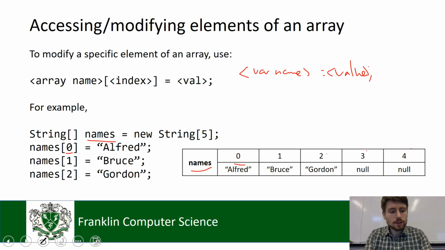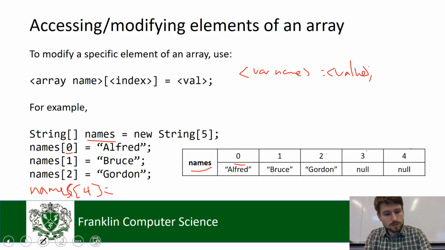Now could you also do names[4] equals, say, another Batman hero, Robin? I think his name is Dick Grayson, but I can't remember exactly. I was looking this up the other day.